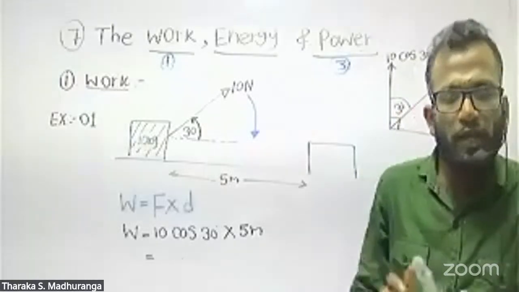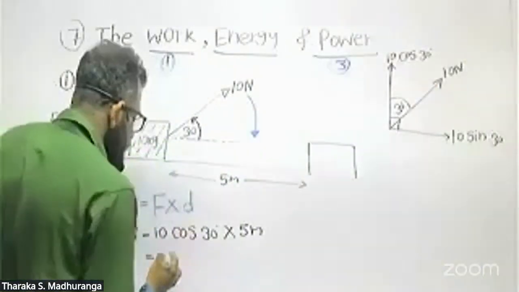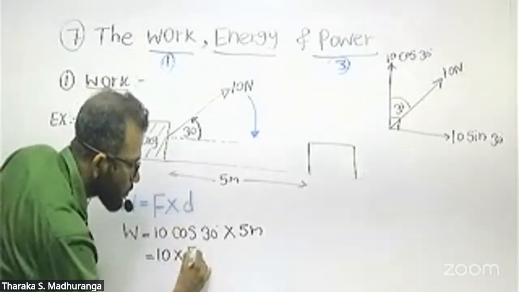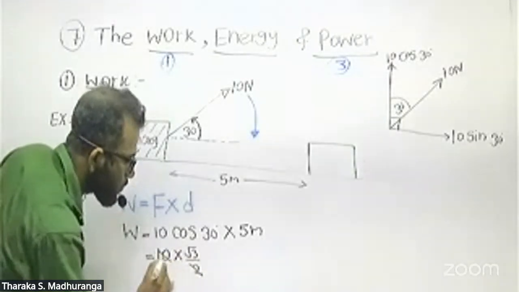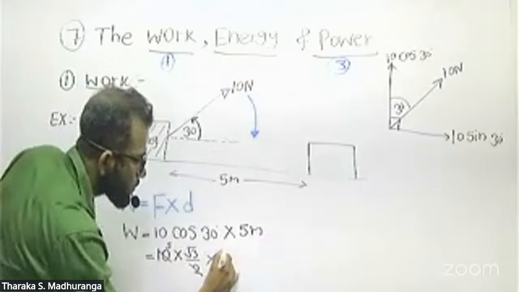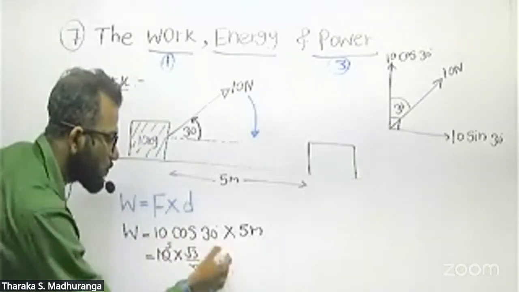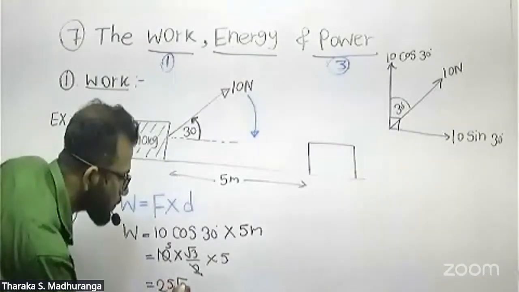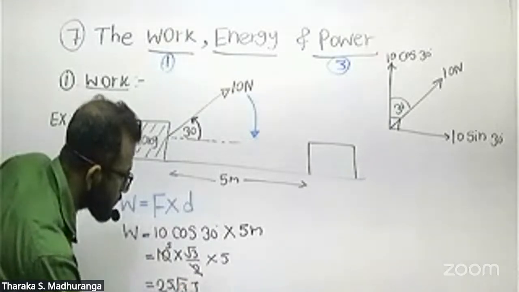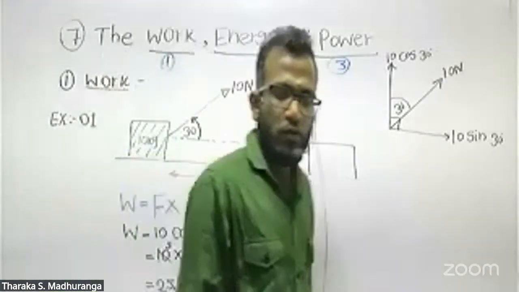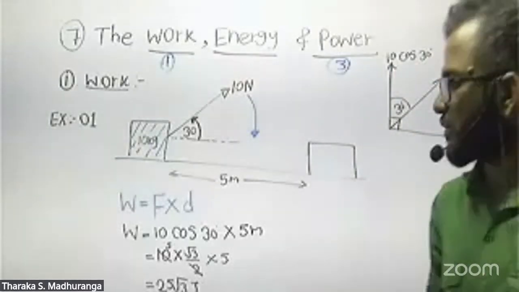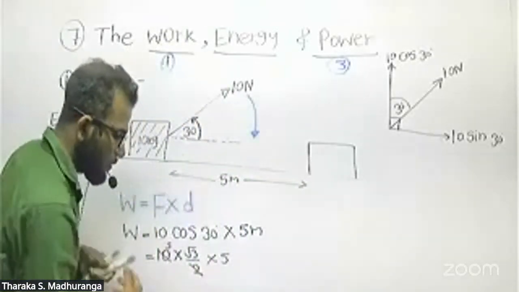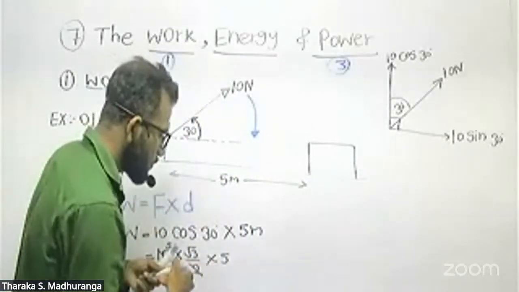Cos 30 is root 3 over 2. The 2s cancel, and 5 times 5 is 25. So the work done is 25 root 3 joules.